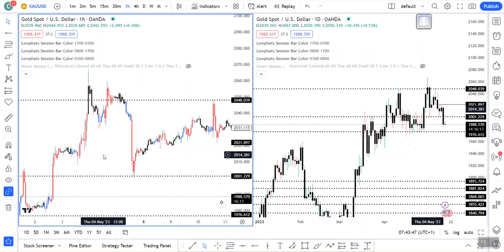London is 8 a.m. to 4 p.m. London time. The US session is 8 a.m. to 5 p.m. US time, and the Asian session is 8 a.m. to 5 p.m. Asian time, that is Tokyo time.